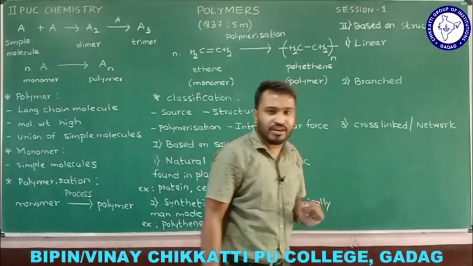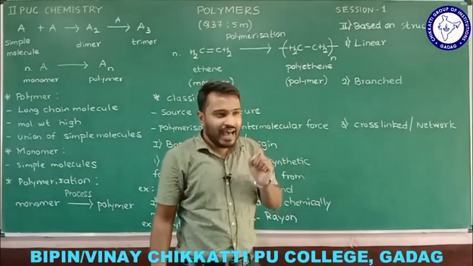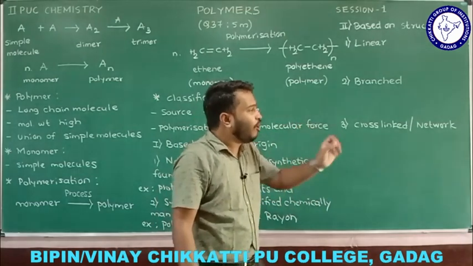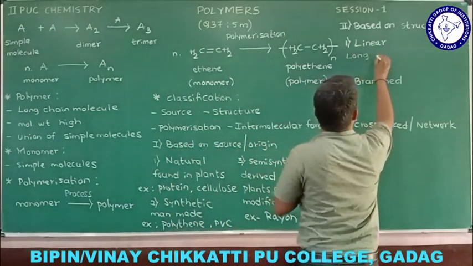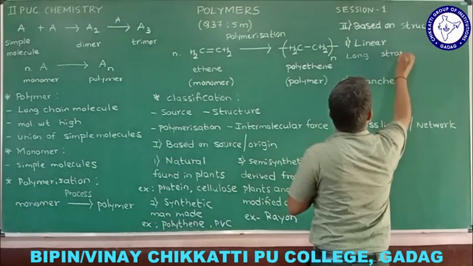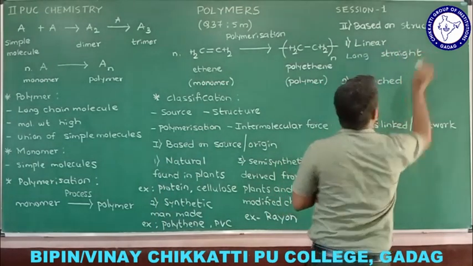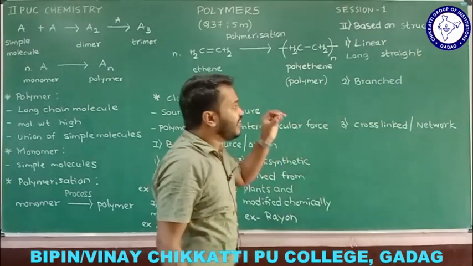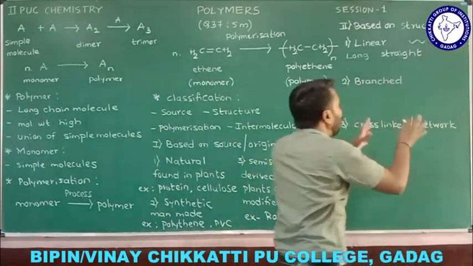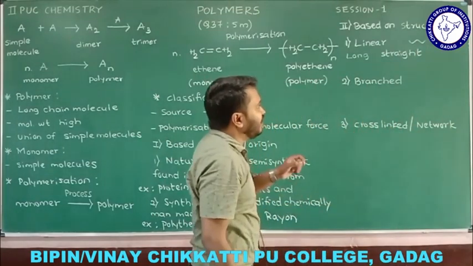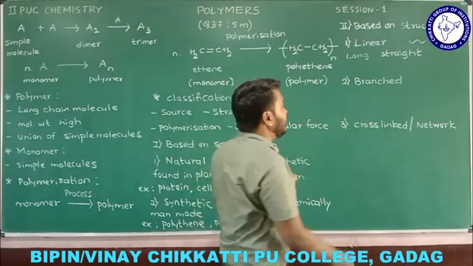In the case of linear polymers, the polymers are long, straight chains. Here you are going to observe a long straight chain of polymers. If you consider a long chain like this, it is a long and straight chain polymer, and that kind of polymer we call a linear polymer.